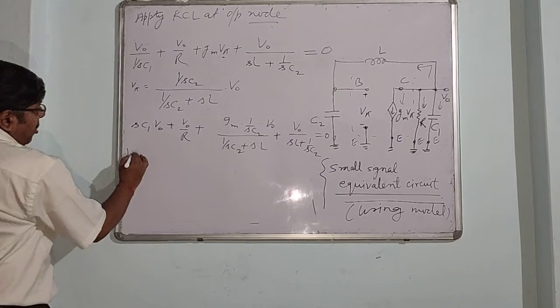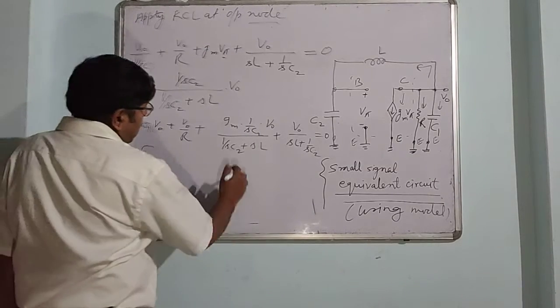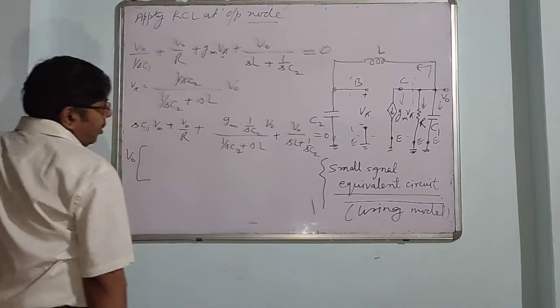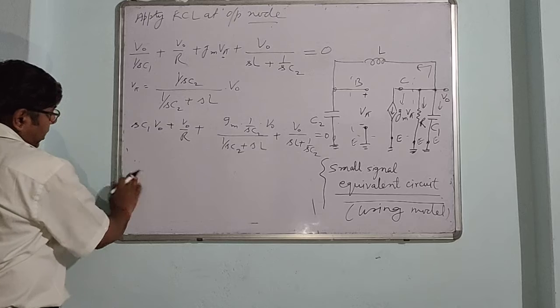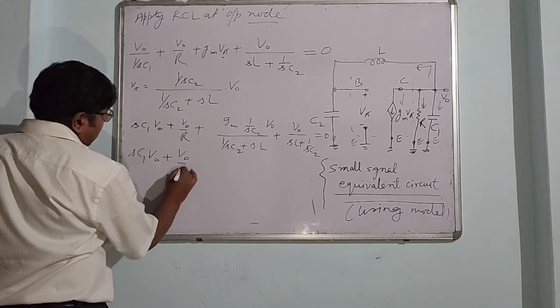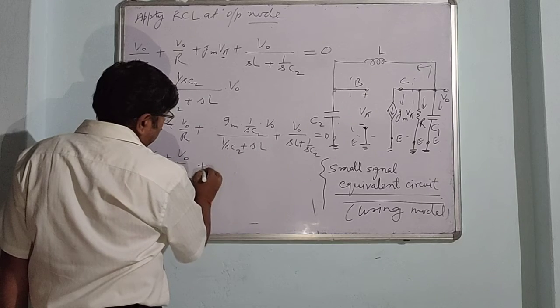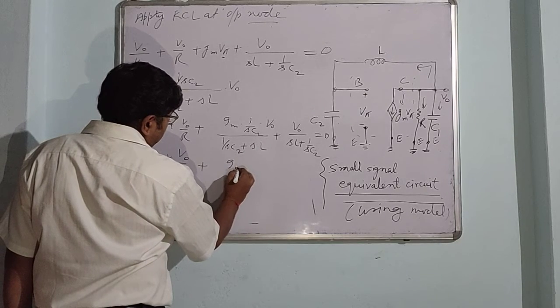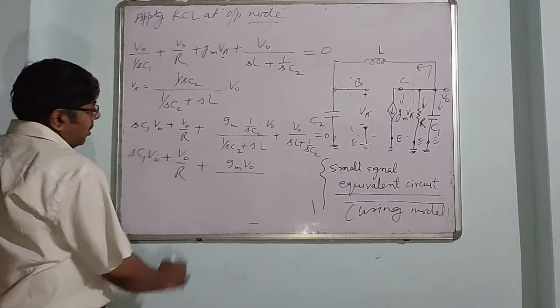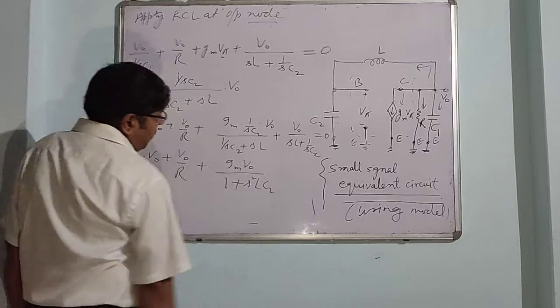Now you can take V0 common, and you can simplify it. You can take LCM. So first simplify this part. Then we will write SC1 V0 plus V0 upon R. From here, SC2 is cancelled out, plus you can write Gm V0 upon 1 plus S square LC2.